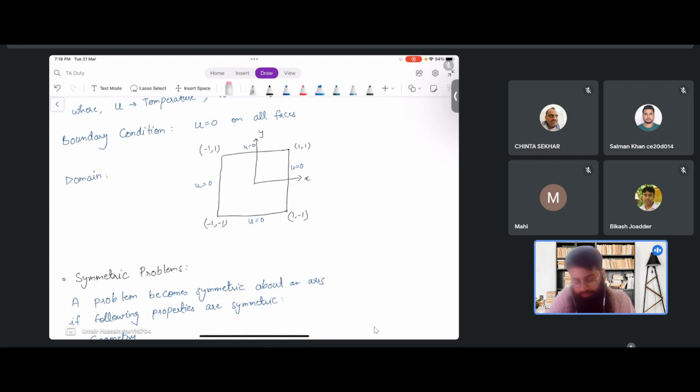So we can break it along this line and also along this line. It's sufficient if we just solve for this area. This way we'll have to solve on a lesser area and consume less computational power.